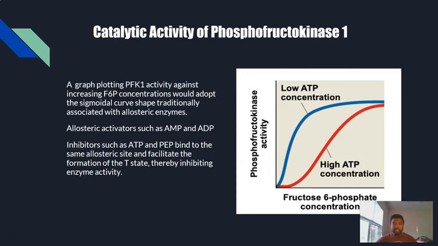You can see phosphofructokinase activity against fructose 6-phosphate concentration, at high ATP concentrations and low ATP concentrations. When there is a low ATP concentration, the phosphofructokinase activity is much higher, and when there is a high ATP concentration, the activity is much lower.